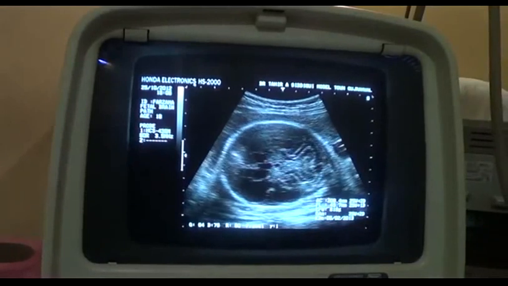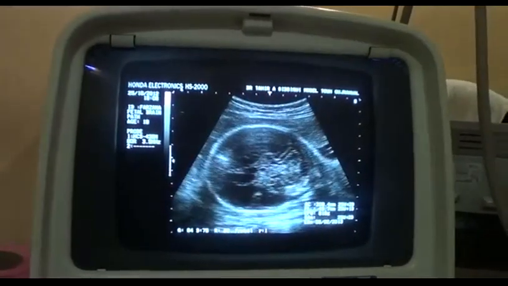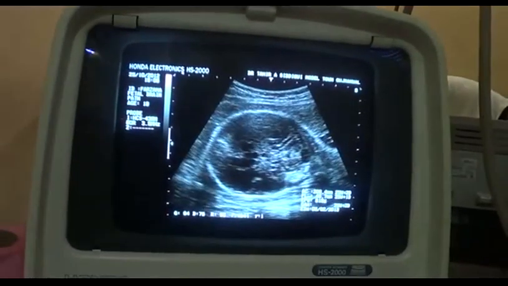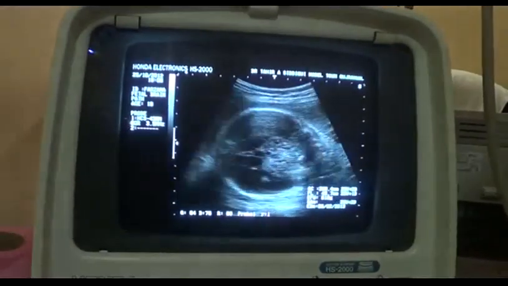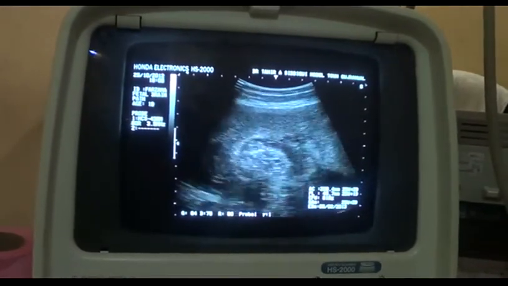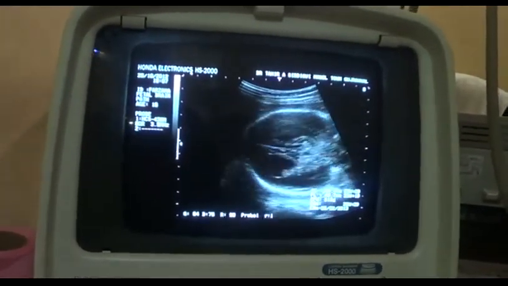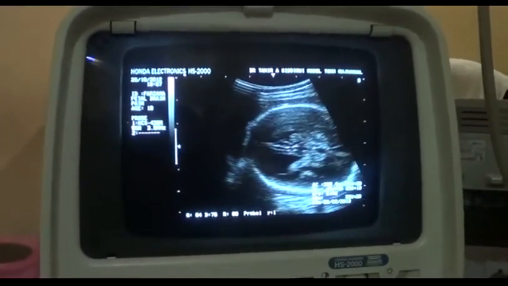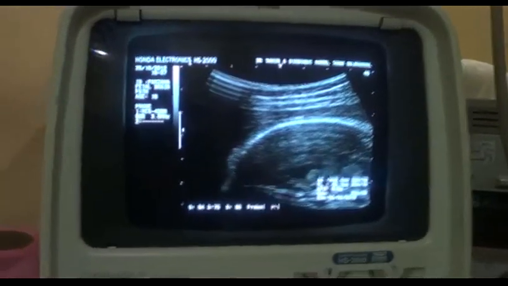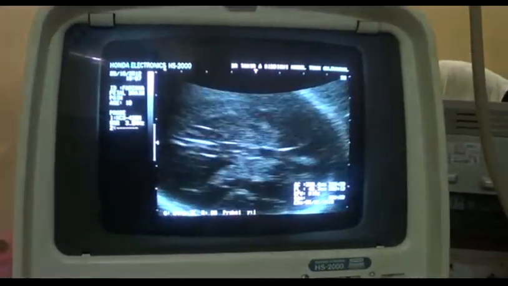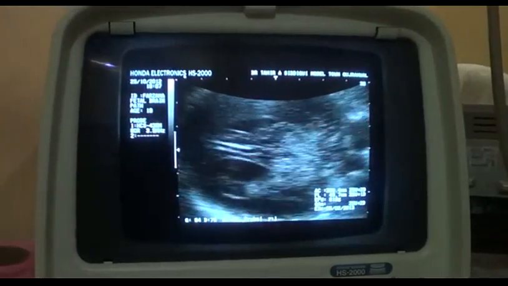Here we see the cerebellum. So this is the case of the day for me, at least. Let me show you once more the dilated lateral ventricle with choroid plexus.